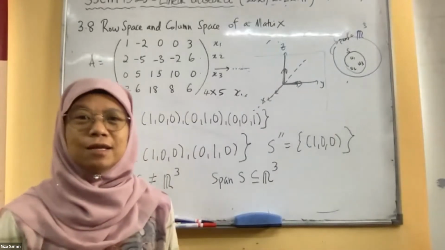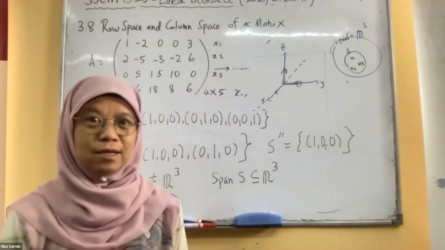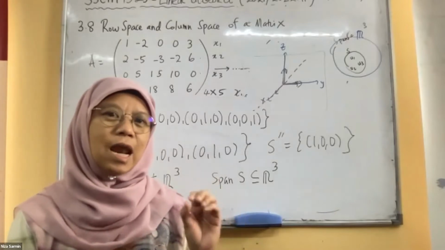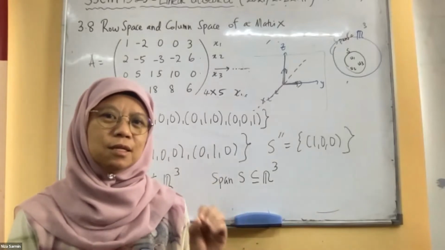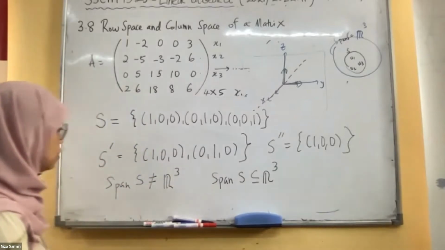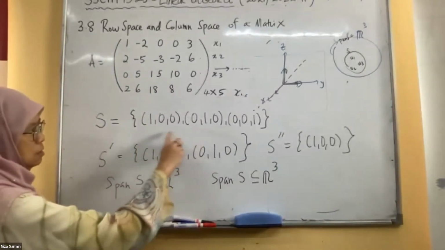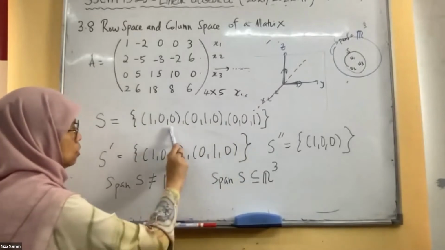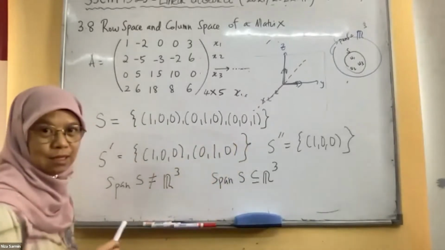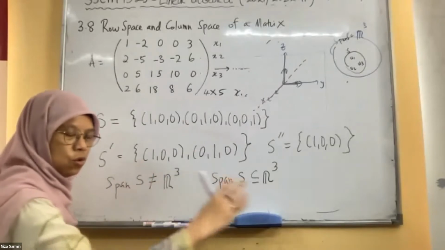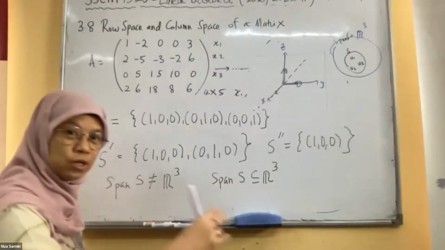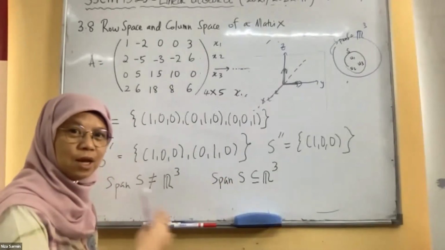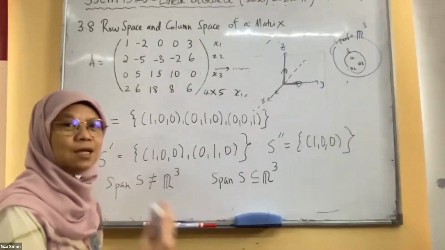The last is the rank. The rank is the number of vectors in the basis. So what is the rank of this? This is already a basis, so the rank is 1, 2, 3. Once you get the whole row and then you reduce, the number of vectors left is equal to the rank.